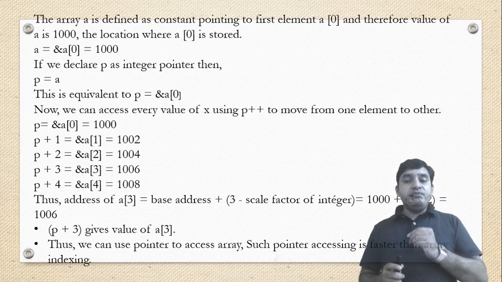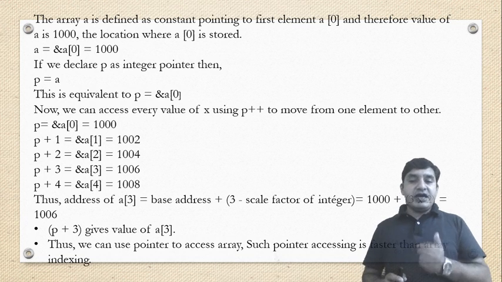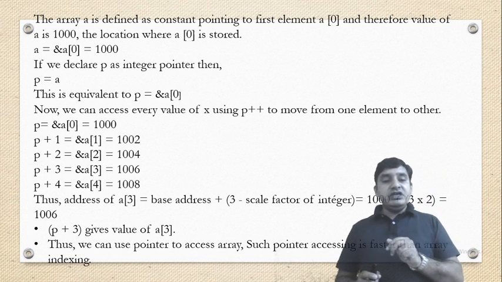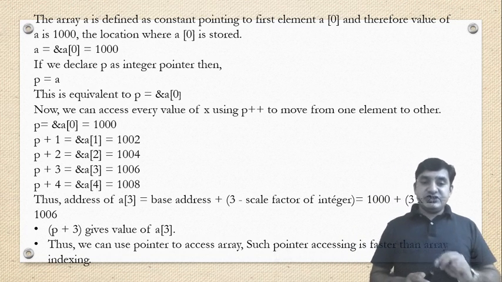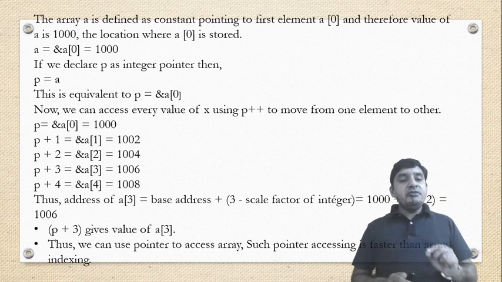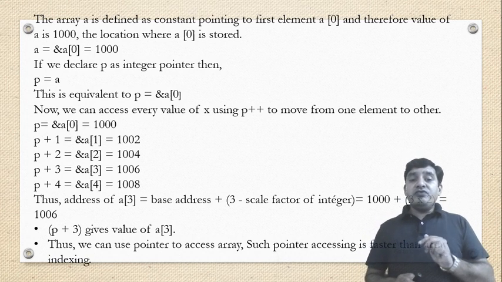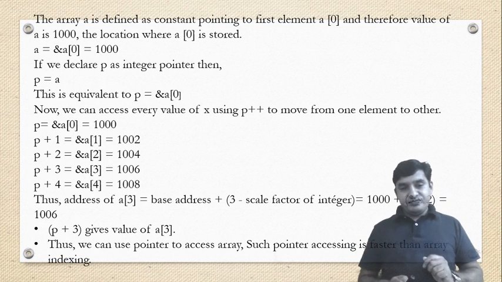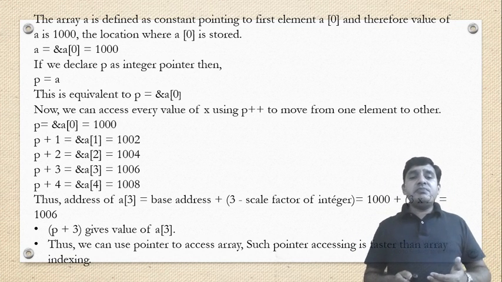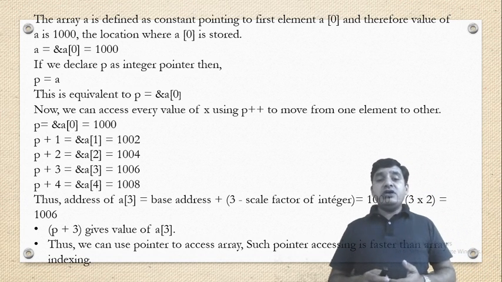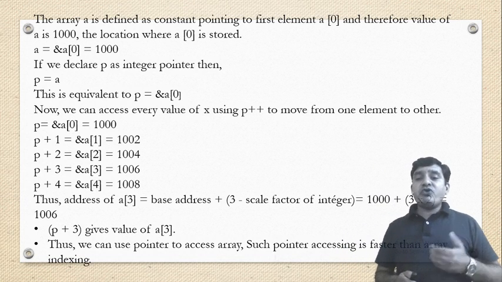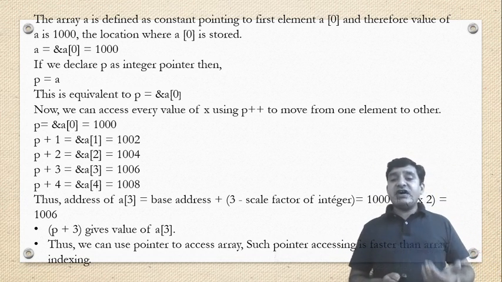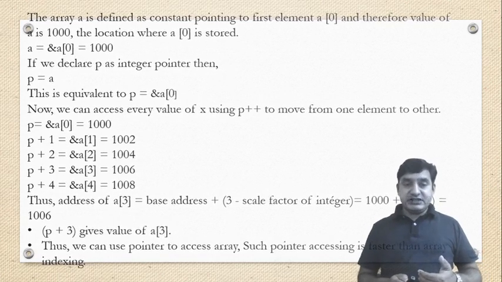Why 2? Because the size is 2 bytes. So it is 1006. Thus we can use a pointer to access an array. Such pointer access is faster than array indexing.